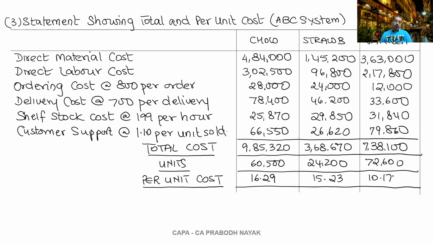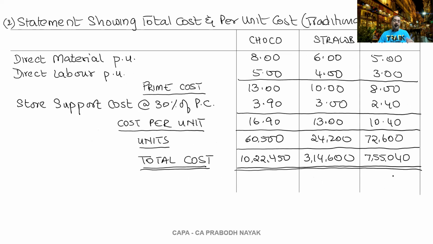So here again we have shown total cost also and the per unit cost also. Here, why did I calculate first total cost? Because overhead cost anyway you have to calculate total. So there is no point in starting with direct material per unit cost. In the previous part, everything was in per unit. There I calculated everything per unit, added the store support cost also at per unit, and then multiplied by number of units to get total cost.